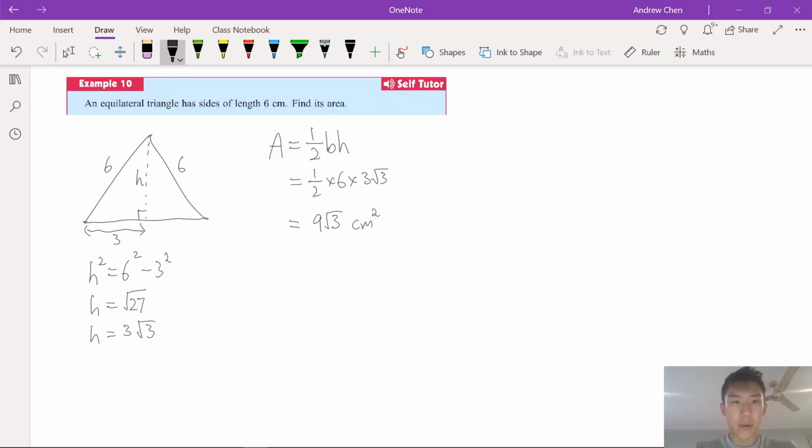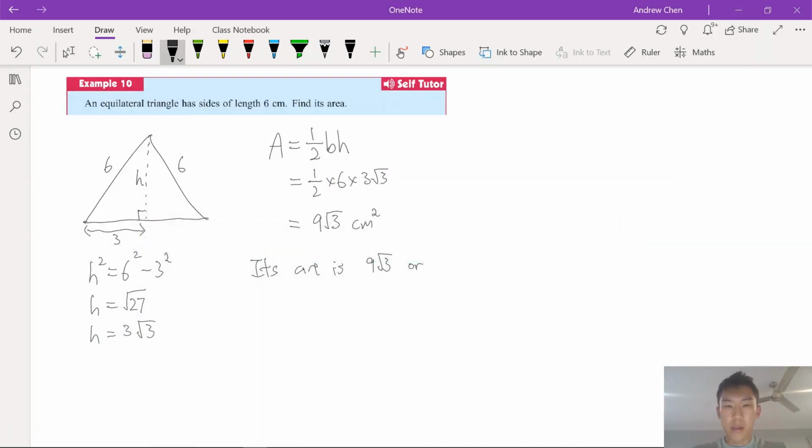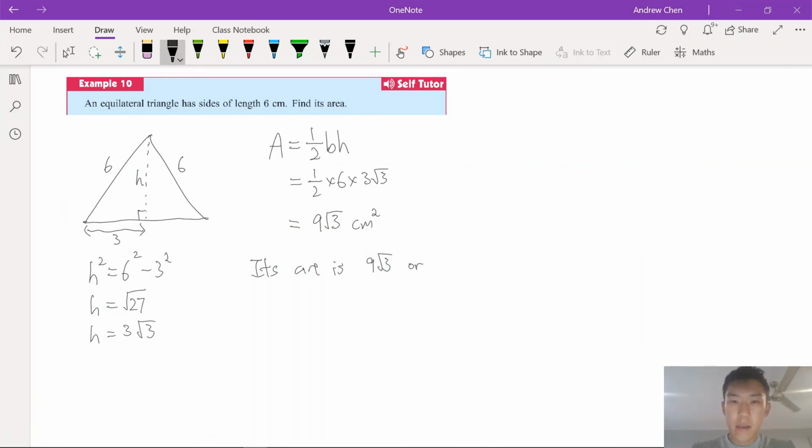Let's answer the question. Its area is 9 root 3, or approximating to 3 significant figures, approximately 15.6 centimeters squared.